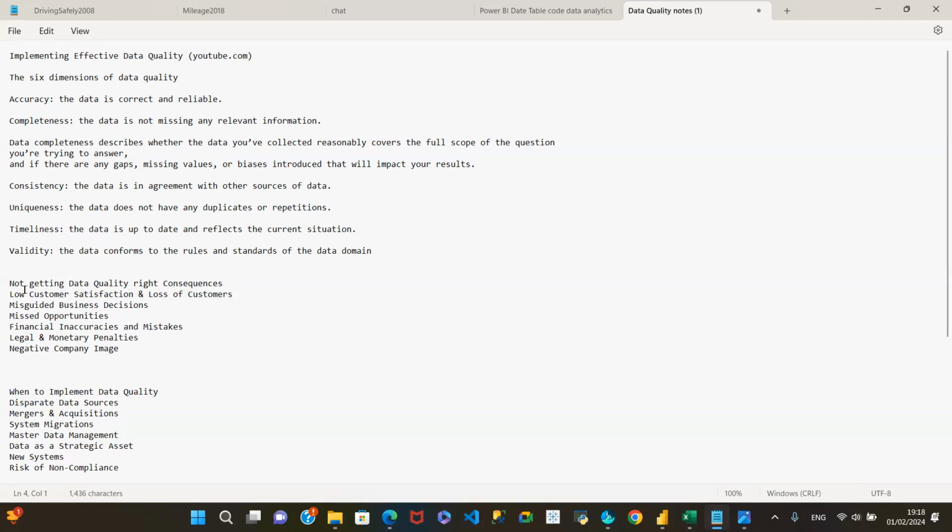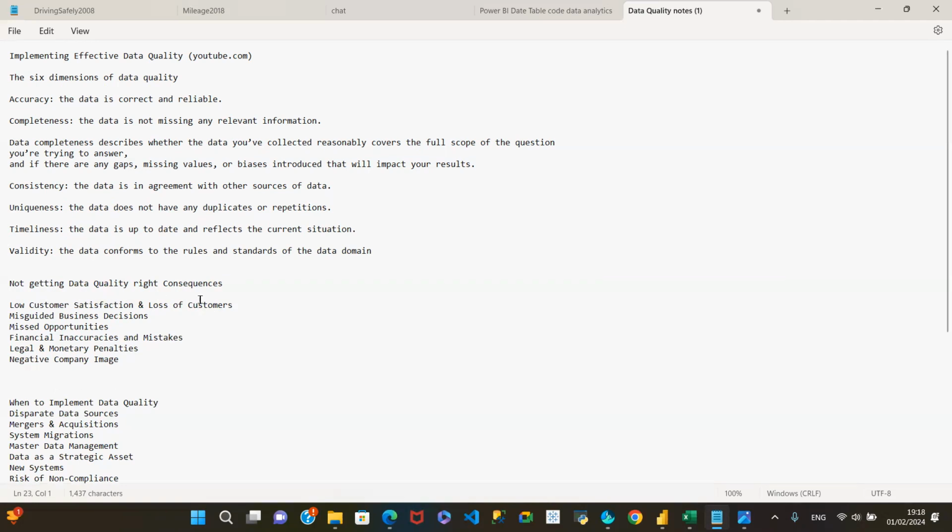Then we talk about what the consequences are of not getting data quality right for a business. There will be low customer satisfaction or loss of customers, because we are having misguided business decisions. We are making decisions based on wrong data, and that would also lead to missed opportunities within the market.